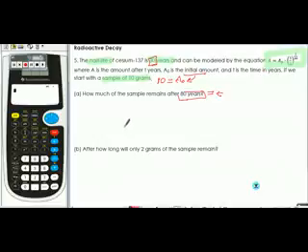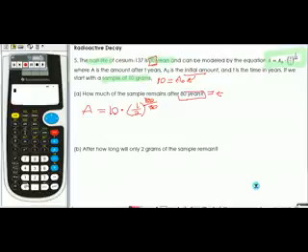So let's see what happens. A equals A naught, my initial amount, times 1/2, or 0.5, raised to the power of 80, being T, divided by 30. So 80 over 30. Since I'm solving for A, I can just calculate this one and see what happens.